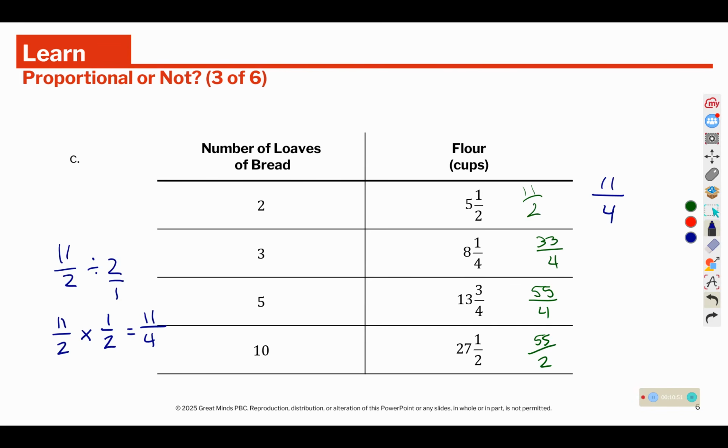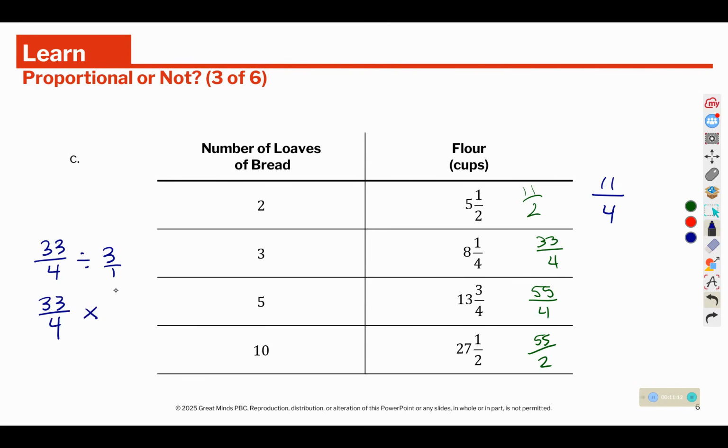Let's look at the next one. 33/4 divided by 3. Remember, there's an invisible 1.